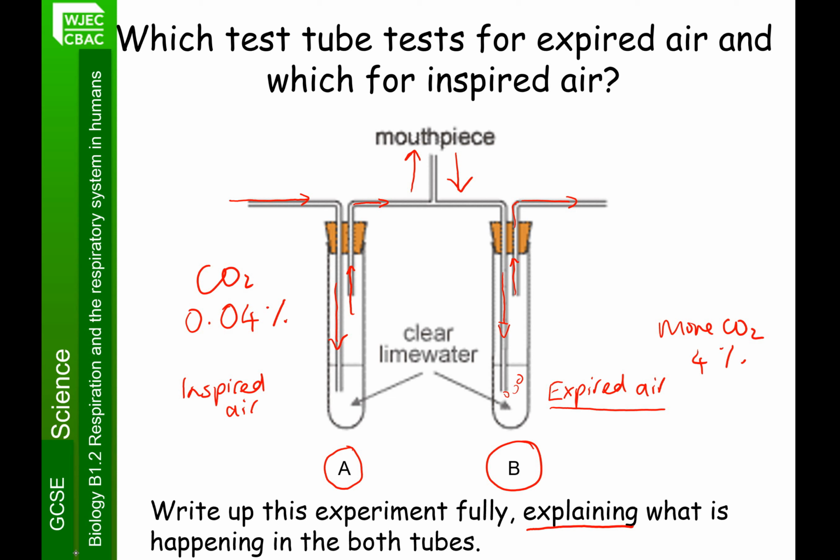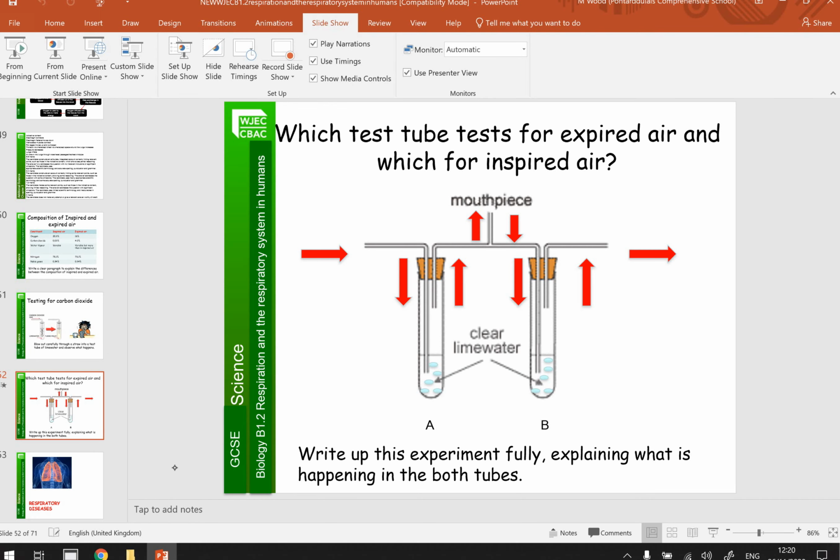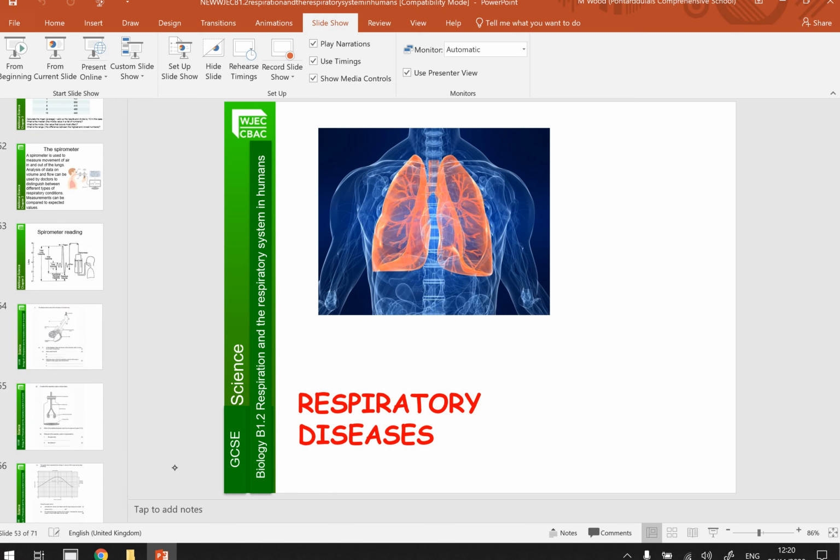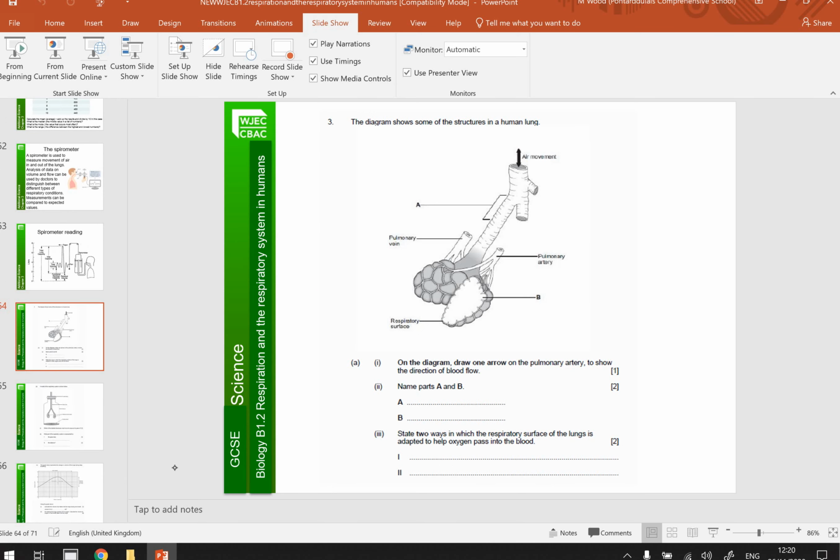And then the next few questions, these are actually in your booklet. So I'm just going to show you exactly what they look like. So they start on page 38, so you can see this question here. It's to do with the structures in the human lung. This one's out of 5 marks and is a foundation tier question.